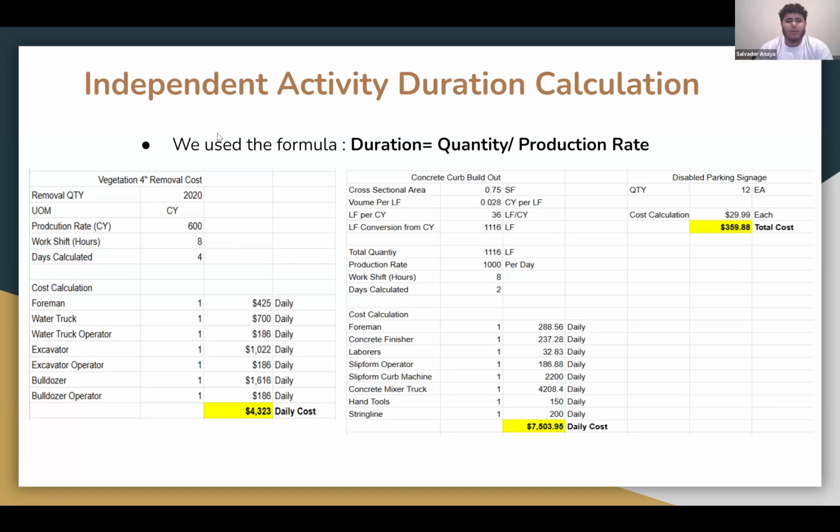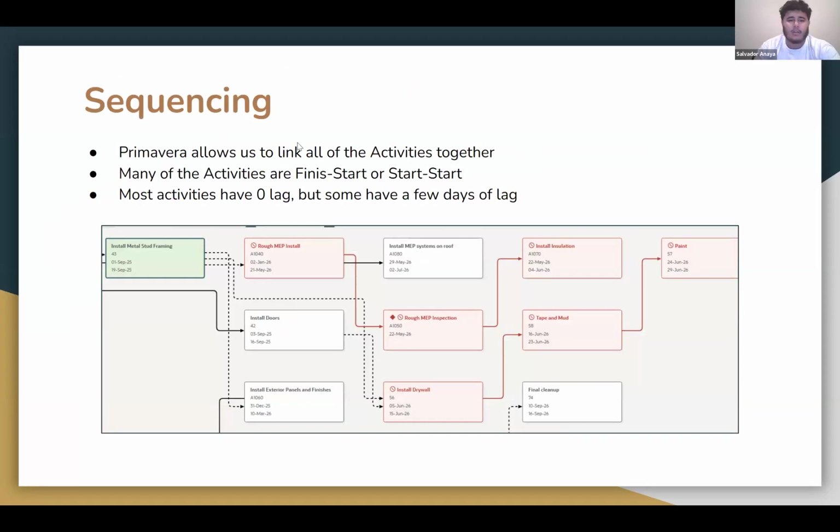The cool thing about Primavera P6 is that it allows us to link activities together to create what's known as a network. It's basically a way to organize the sequencing for the work breakdown structure. A key understanding of what goes before what scope is super important to create this. And with identifying these activities, it's also important to understand the relationship between them.